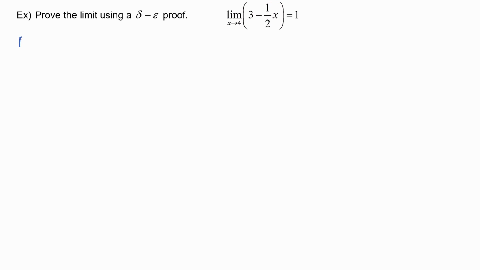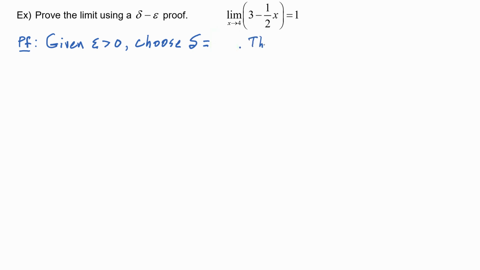So we say proof: given epsilon greater than 0, choose delta equals, now remember we don't know what it is, so we will leave that blank just momentarily.